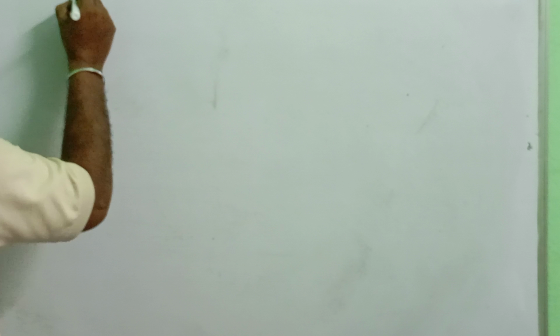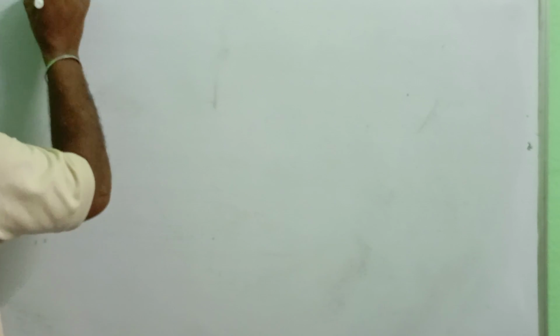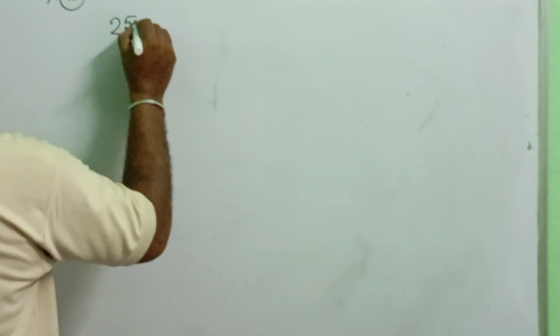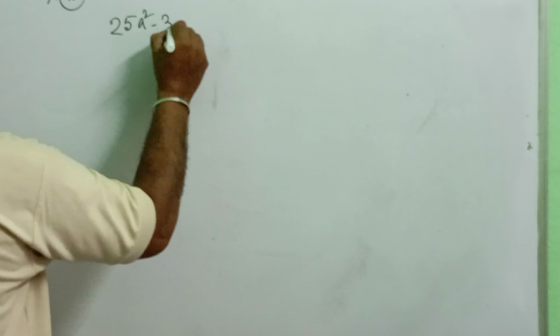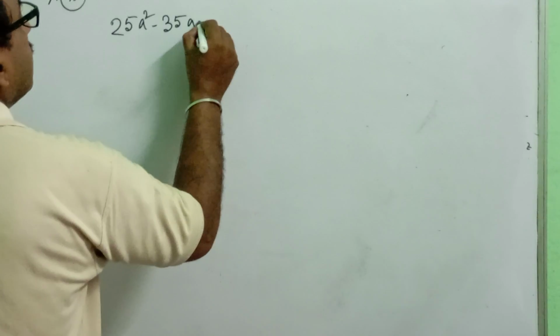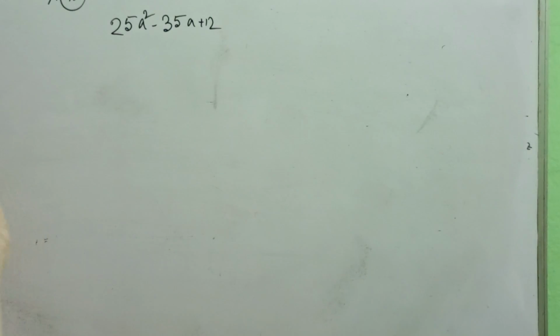Now question number 15 is there. Question number 15. Now what they have said: area, it is 25 square minus 35 a plus b.